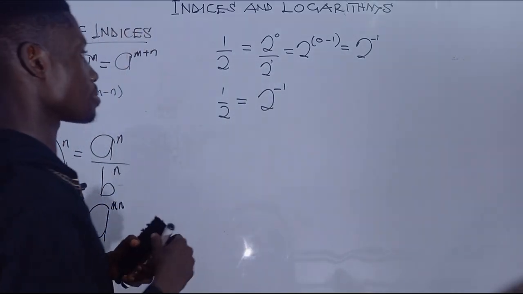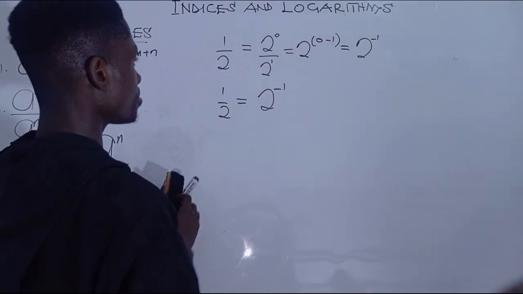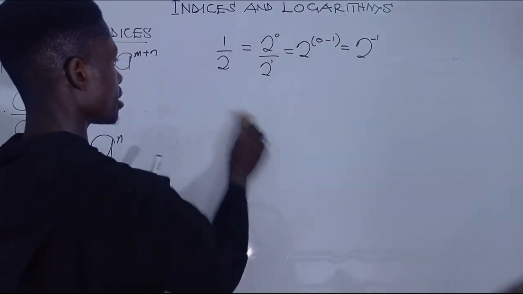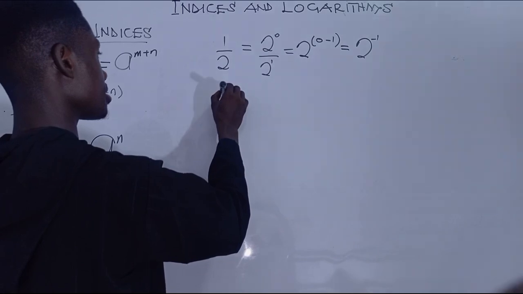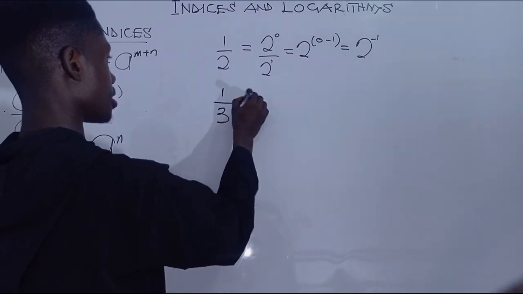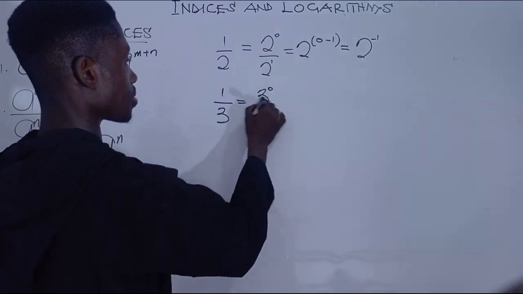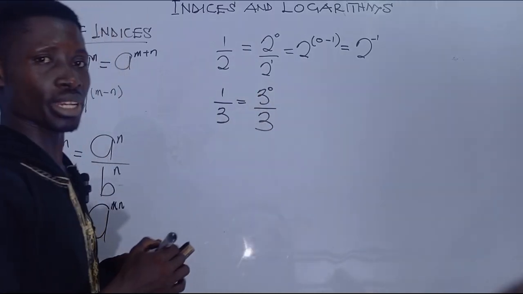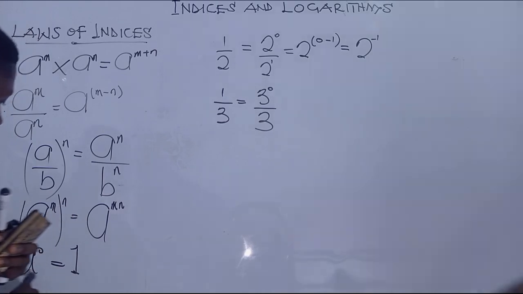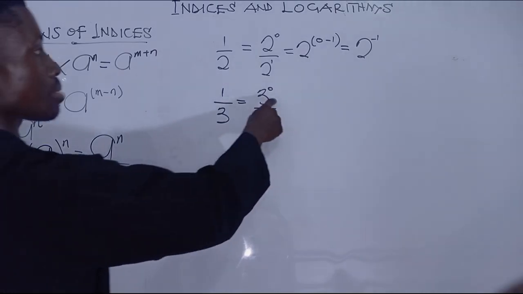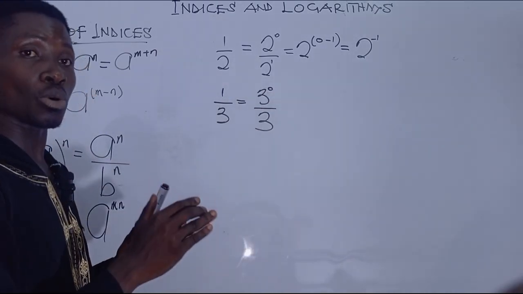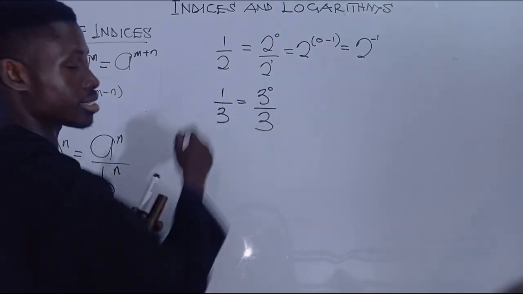Let's take another example. Let's take it that you have the number 1 over 3. Now we know that we can write this as 3 raised to the power 0 all over 3, by property 1. That is any number raised to the power 0 is equal to 1. So we can write this as that.